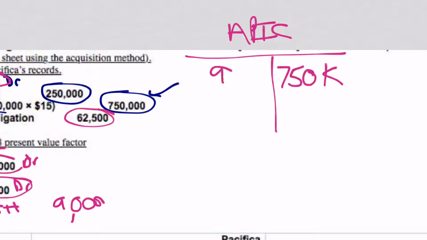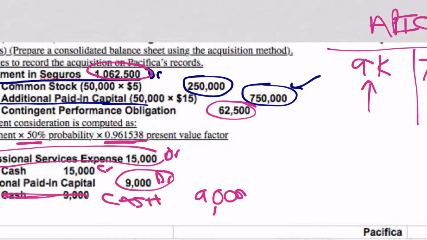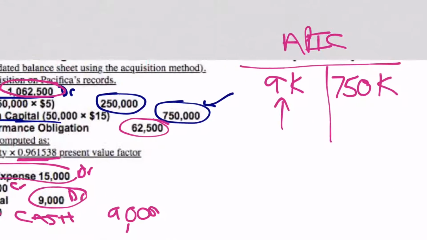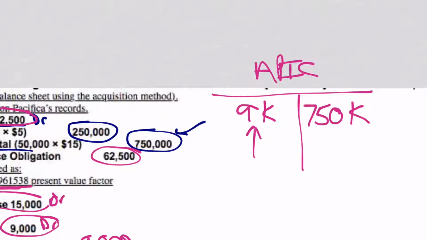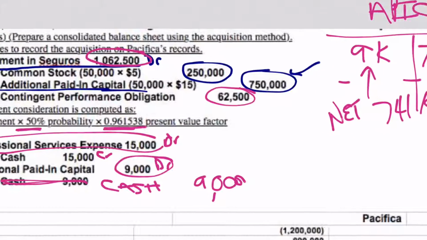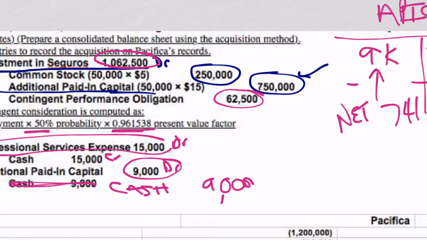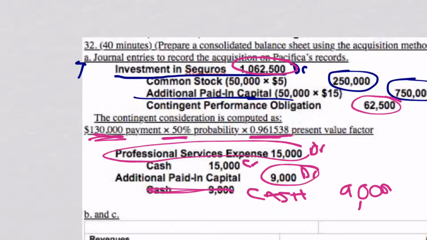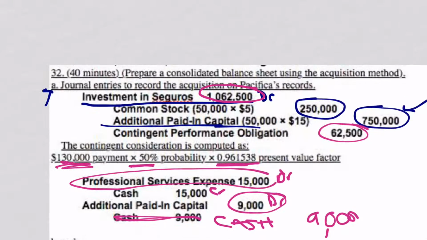Then $9,000 is going to be a debit here based on this entry because it's part of the stock issuance cost. And that is that. So the net change will only be $741. And that's okay. That's the way it works. All right, let's stop there, and we'll come back with one more on the rest of the problem, which I think goes into the actual entries for consolidating the acquisition date.